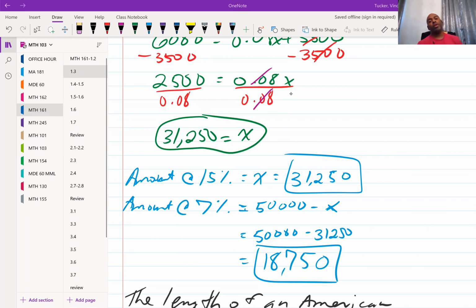And always remember, when it comes to word problems, if you need help, you cannot be like, hey, Mr. Tucker, I had a problem on this word problem. I'm like, all right, which one was it? And you're like, oh man, I don't remember. I can't help you like that, because I can pull out 5 word problems and still not address the issue that you had with the word problem you were actually dealing with.